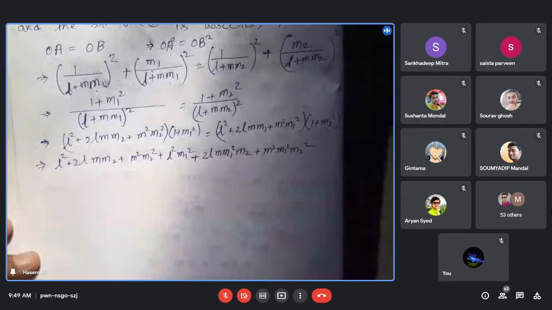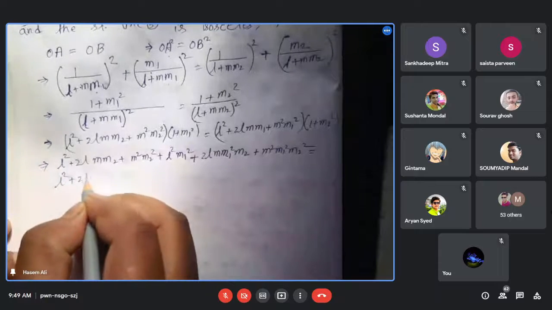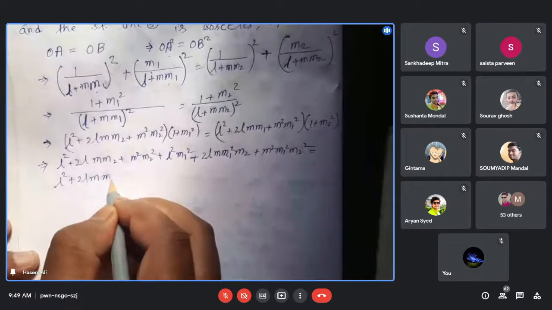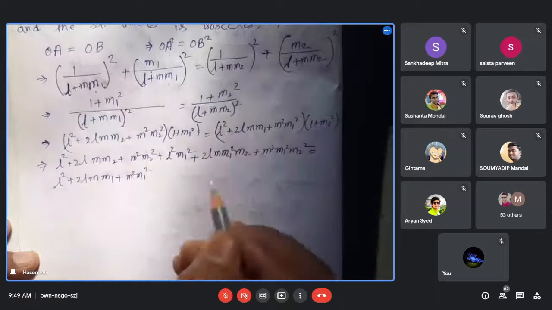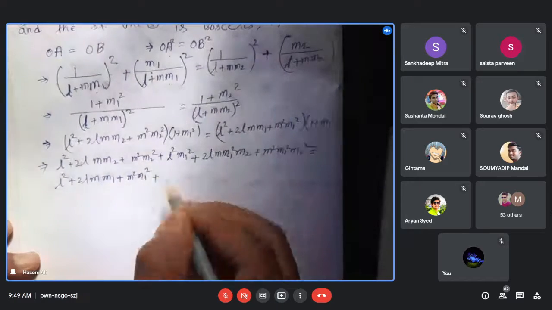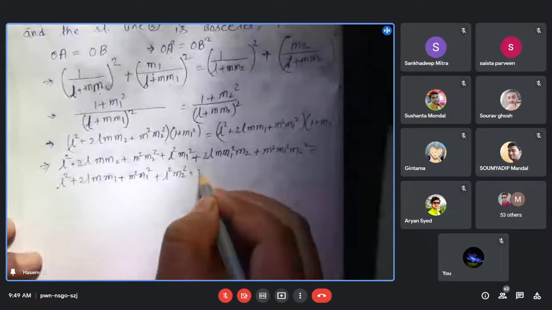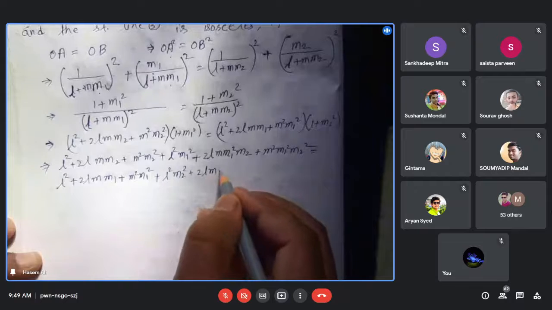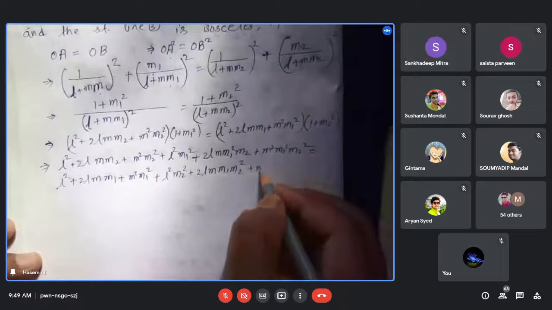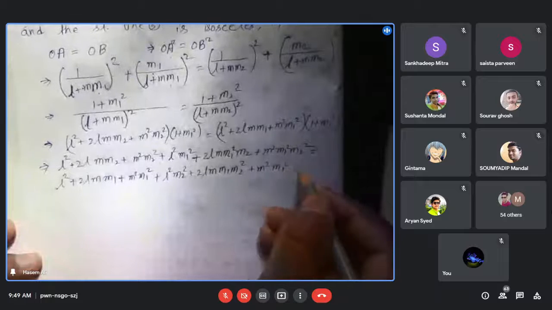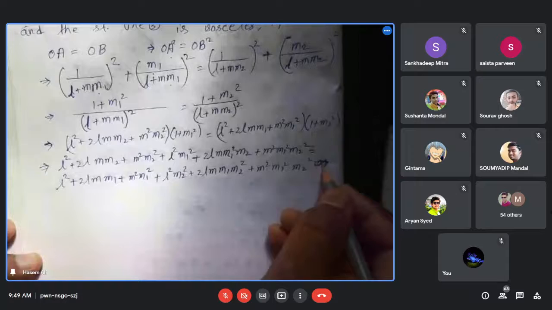This is right, left side is equal to L square plus 2L m m1 plus m square m1 square. Now this will be L square m2 square plus 2L m m1 m2 square plus m square m1 square m2 square.